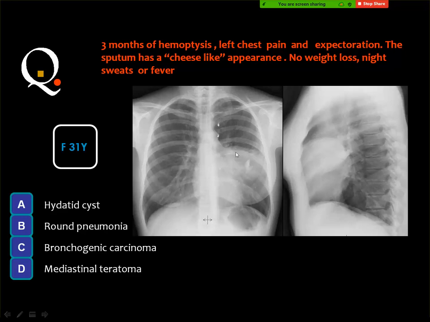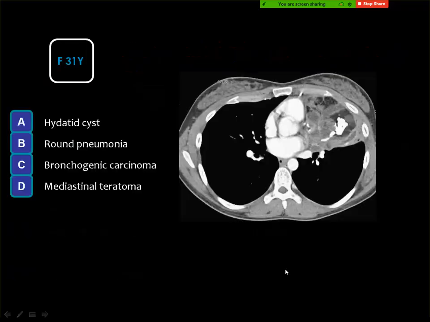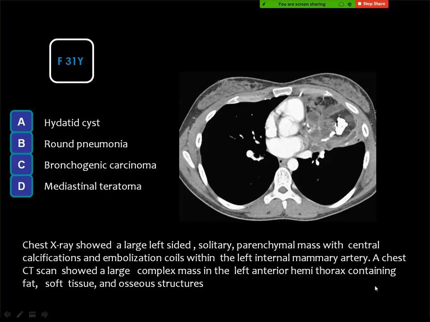It makes you feel that this lesion contains fat because of the light density of the lesion. Then if you have the CT scan and you see that there are fat and there are calcium and there are some fluids, the combination of all these three structures is diagnostic of mediastinal teratoma.